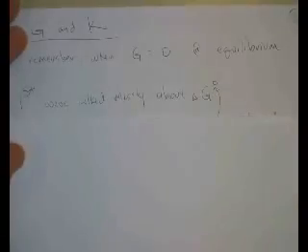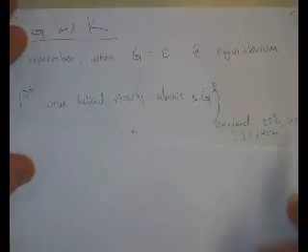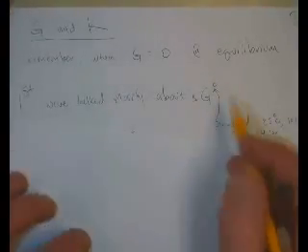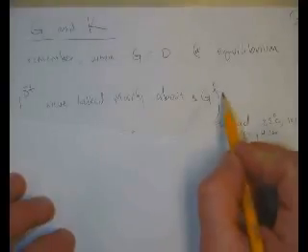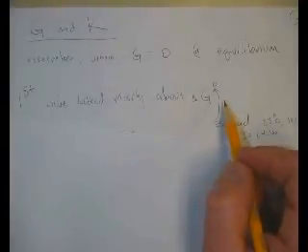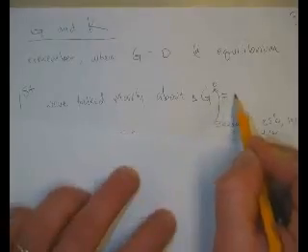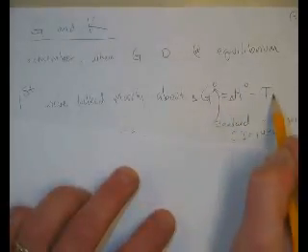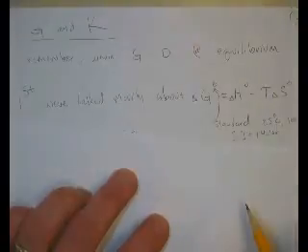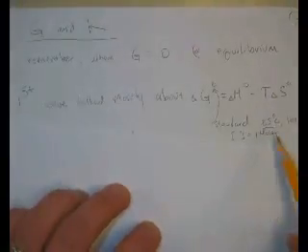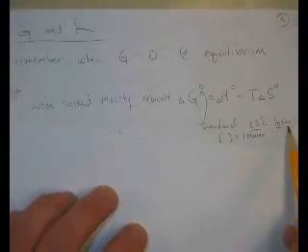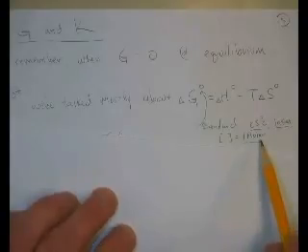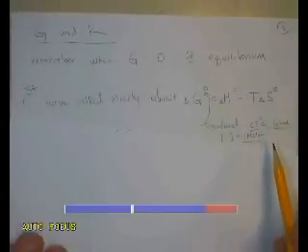Because that's all we've mentioned so far, is that at standard conditions, we can calculate G by saying delta G is equal to H minus TS. And we've said this is equal to delta H minus T delta S at standard conditions. And that standard conditions are 25 degrees Celsius, 1 atmosphere of pressure, 1 molar solution if we have a solution. It's standard, okay?